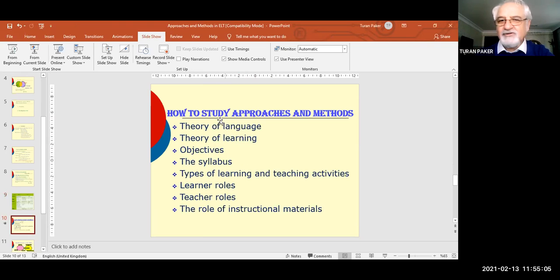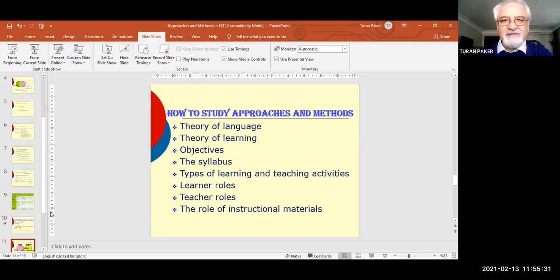When we analyze a method, I'm going to focus on some sub-components of a method. What's the theory of language? What's the theory of learning? Objectives, syllabus, types of learning and teaching activities, learner roles, teacher roles, and the role of instructional materials. As a language teacher, I should be aware of all the bits and pieces of a method regarding these sub-items.